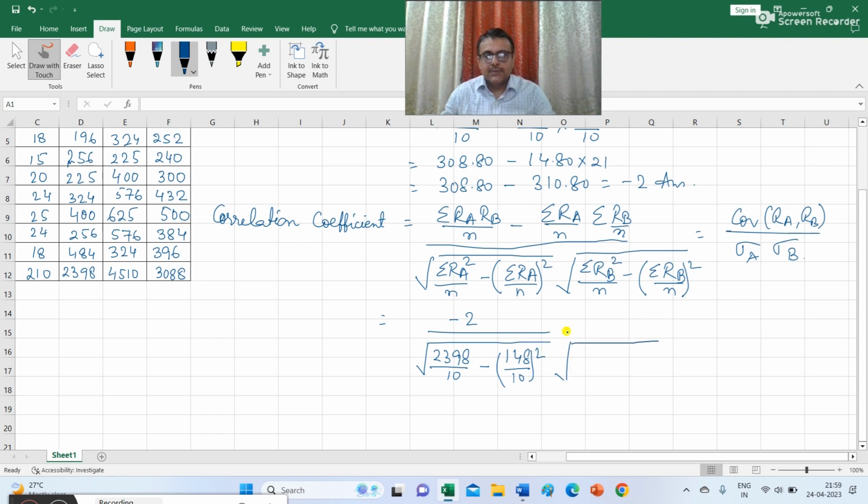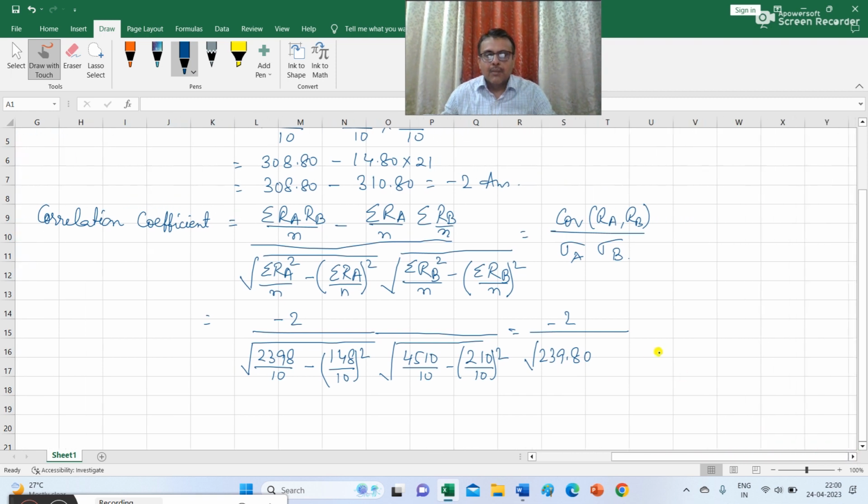And again you multiply this with sum total of RB square by N, which is 4510 by 10 minus 210 by 10 whole square. So you will get minus 2 by under root of 239.80 minus 14.8 square, and 451 minus 21 square.